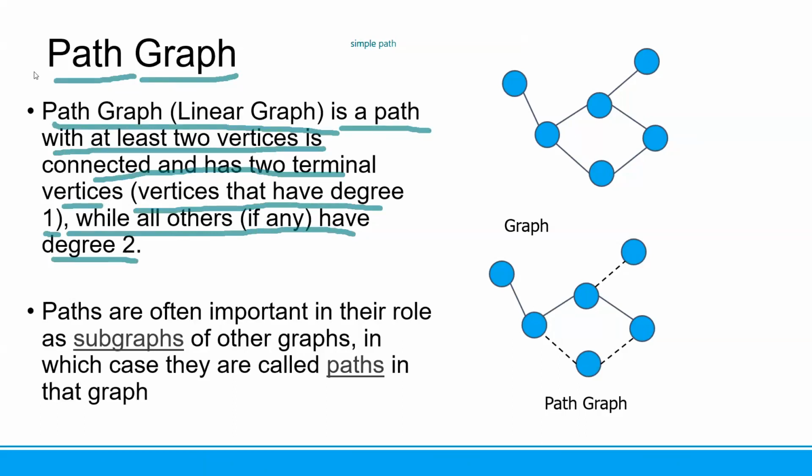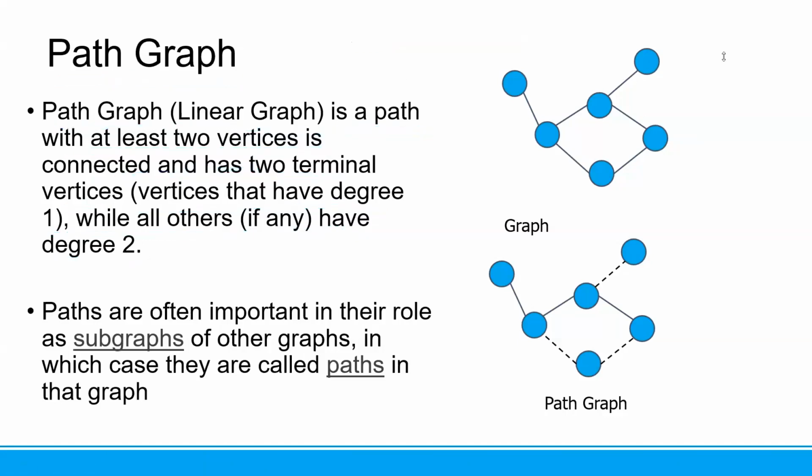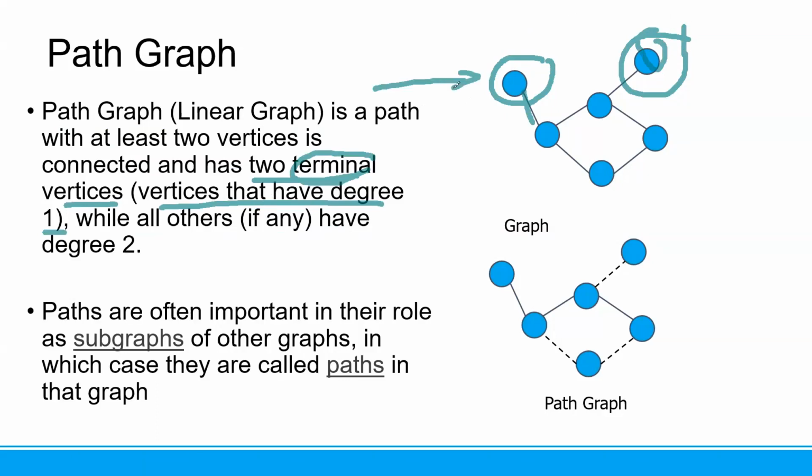So if you see this one, this is a path graph because we have two terminal vertices. What does it mean by two terminal vertices? Terminal vertices means the vertices that have degree 1. So this vertex has degree 1 and this vertex has degree 1. Because there are two vertices that have degree 1, then I can say this is a path graph.